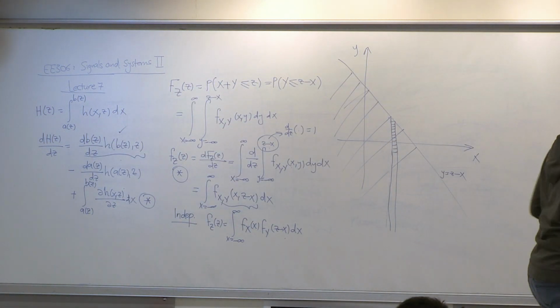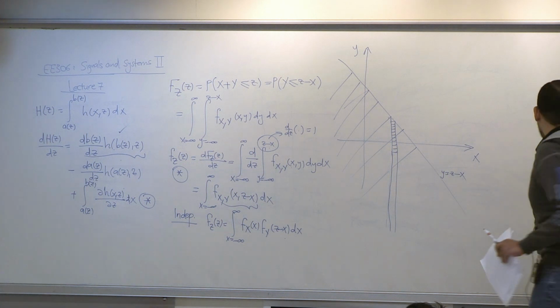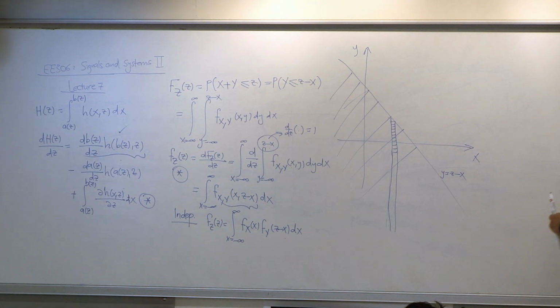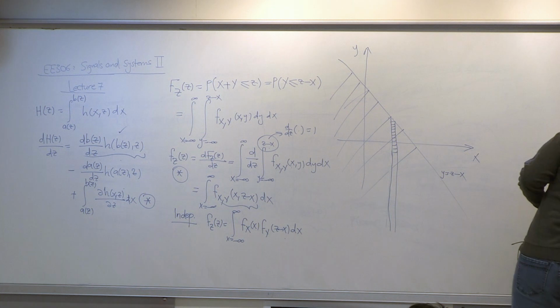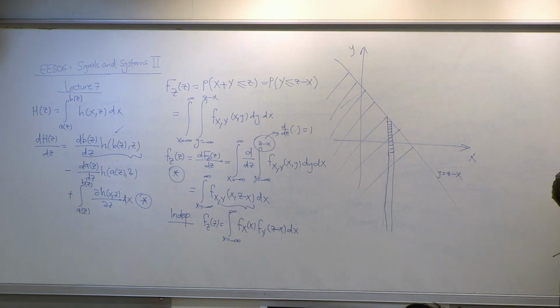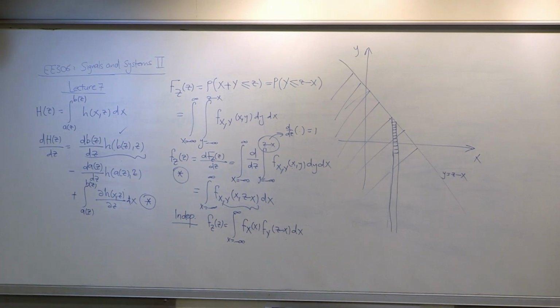All right? Let's do a standard example, but we will do it from the basics and the fundamentals. And then after that, we will try to do it through convolution.